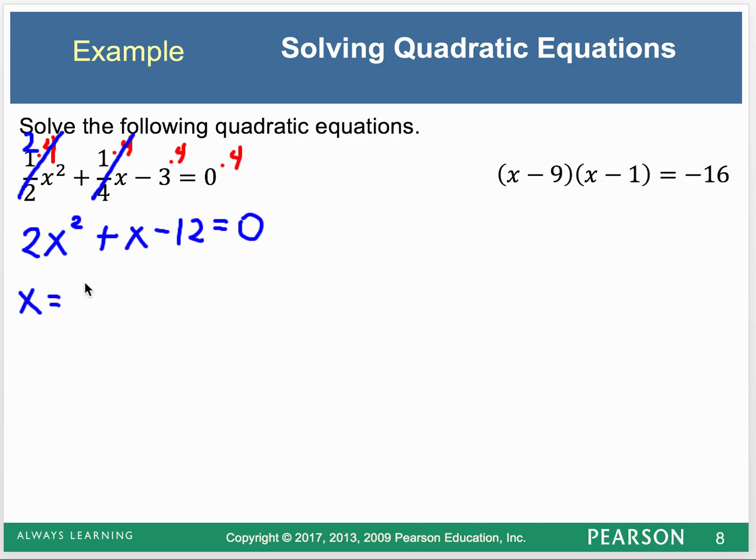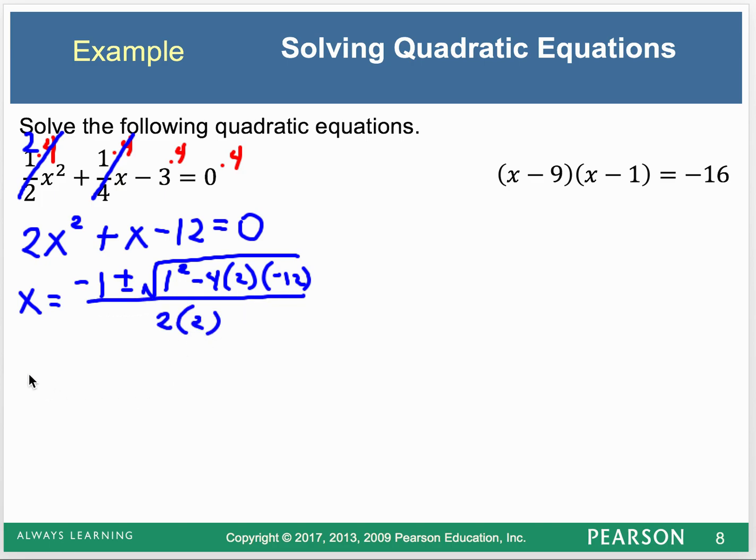So x equals -b plus or minus the square root of b squared minus 4 times a times c, all over 2 times 2. So x equals -1 plus or minus the square root of 1.